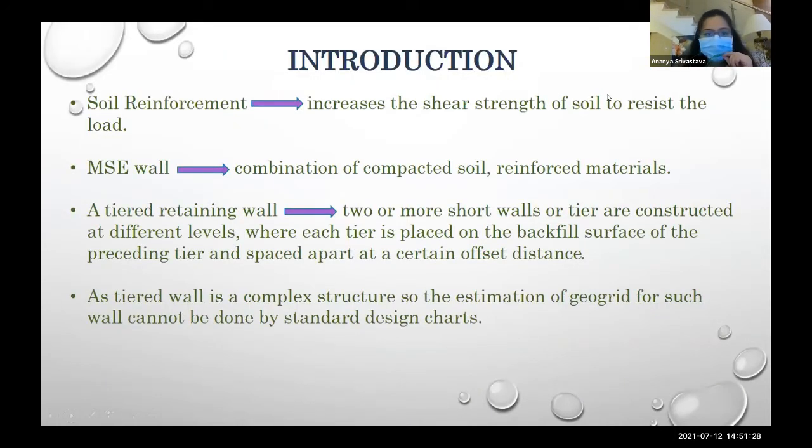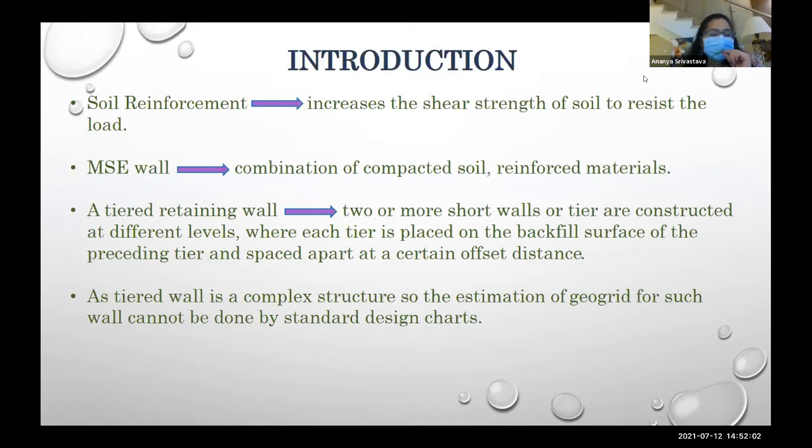First of all, I would like to give you a basic introduction: for increasing the shear strength of our soil, we need to provide some kind of soil reinforcement. In the form of soil reinforcement, we can add geosynthetic layers, soil nailing, geofoam, geopipes, etc. An MSE wall is a mechanically stabilized earth wall, which is a combination of compacted soil and reinforcing materials. It is a basic earth retaining wall which can be built as a tiered retaining wall system.